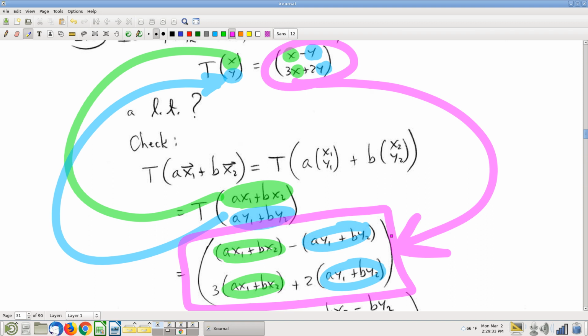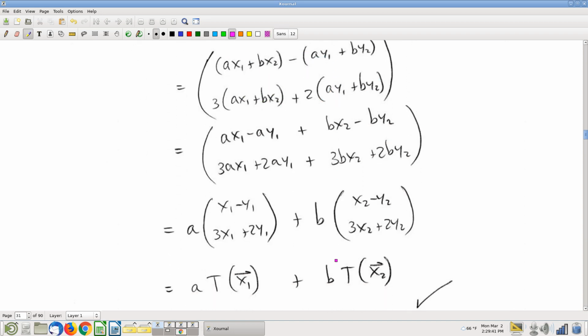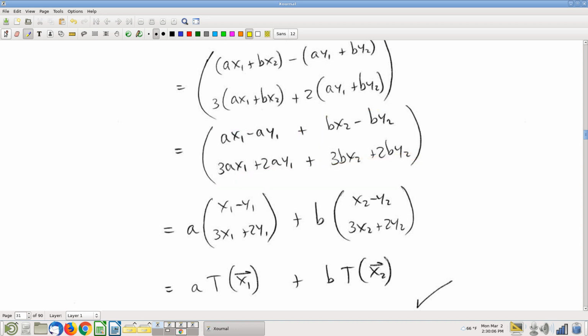Everybody good? Okay. So having done that, it's just a matter of moving terms around. If I take all of the terms that have A's in them and shove them over toward the left, and all the terms that have B's in them and shove them over toward the right, that's just shuffling. I haven't really done anything. And then write this as a sum of two vectors.